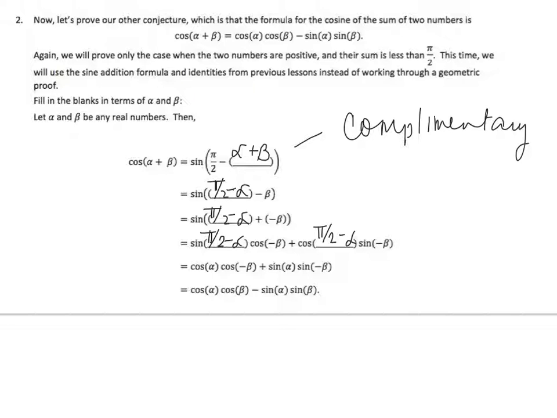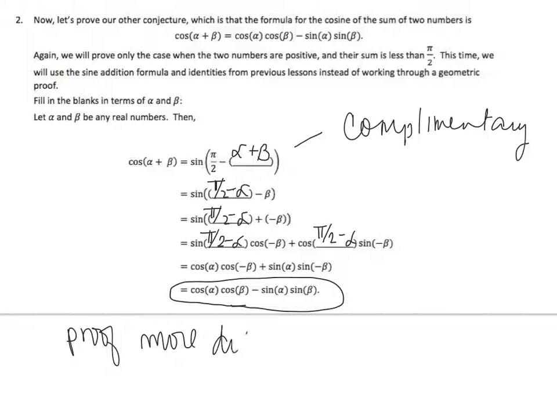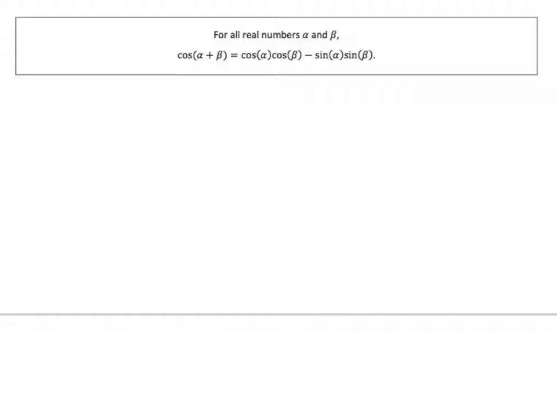Simplify to cosine alpha cosine negative beta plus sine alpha sine negative beta. And there we go. I believe this proof is harder to follow. But then we have our identity, which is very cool.